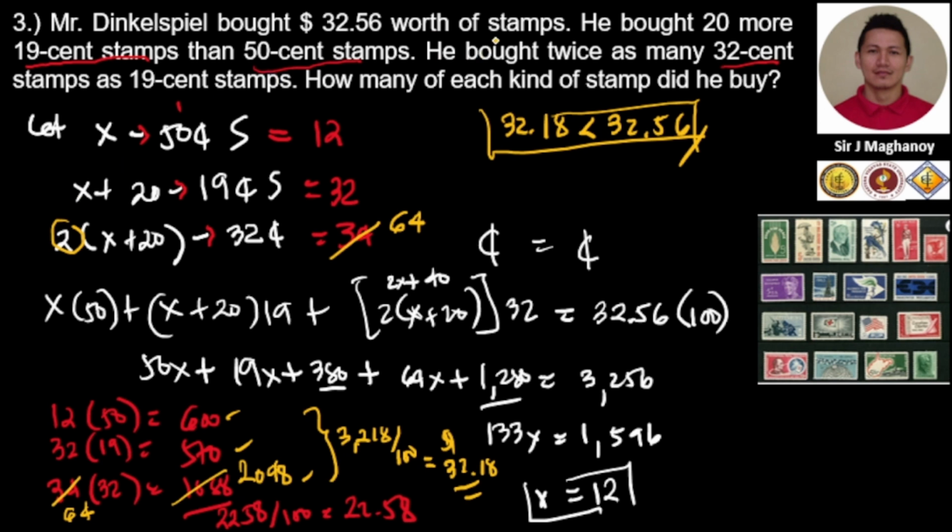And he bought twice as many of 32 cents as 19 cents, so that's 2 times x plus 20. The multipliers are 50 cents, 19 cents, and 32 cents.